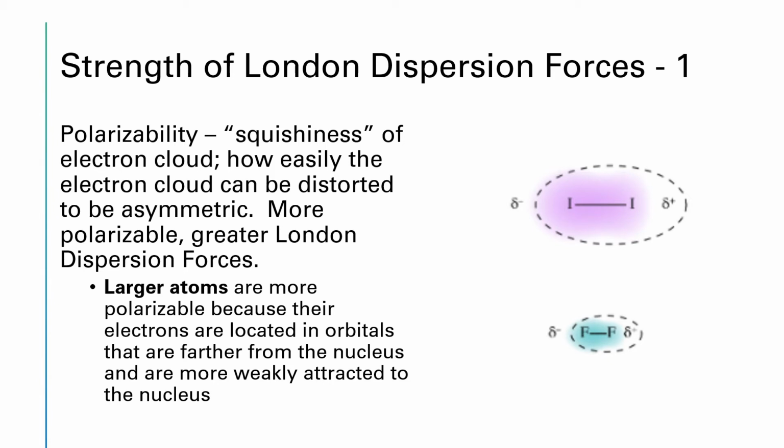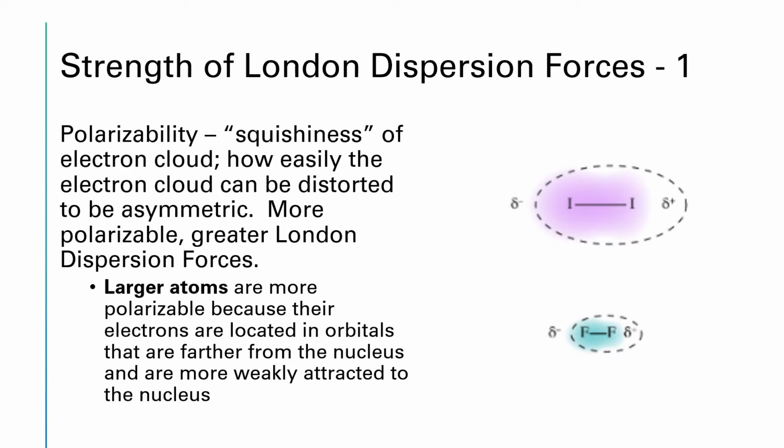The strength of London dispersion forces depends very much on the nature of the molecule. There's a concept called polarizability, which is a mouthful. Say that 3 times fast. I think of this as being the squishiness of the electron cloud.